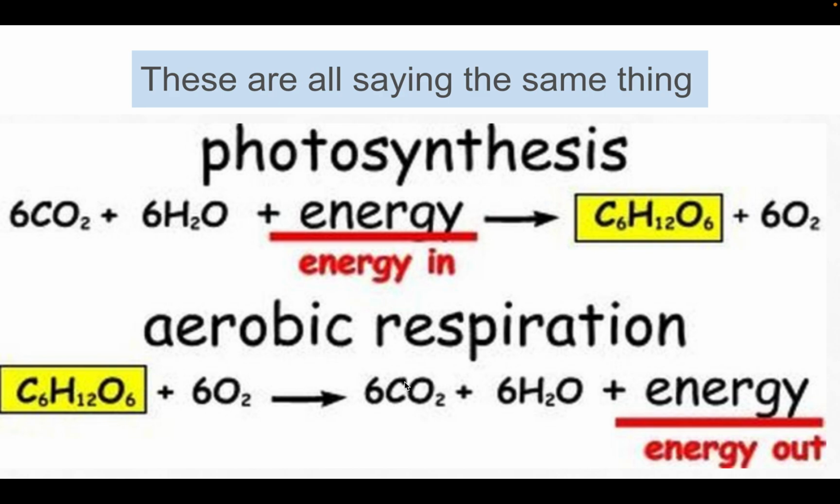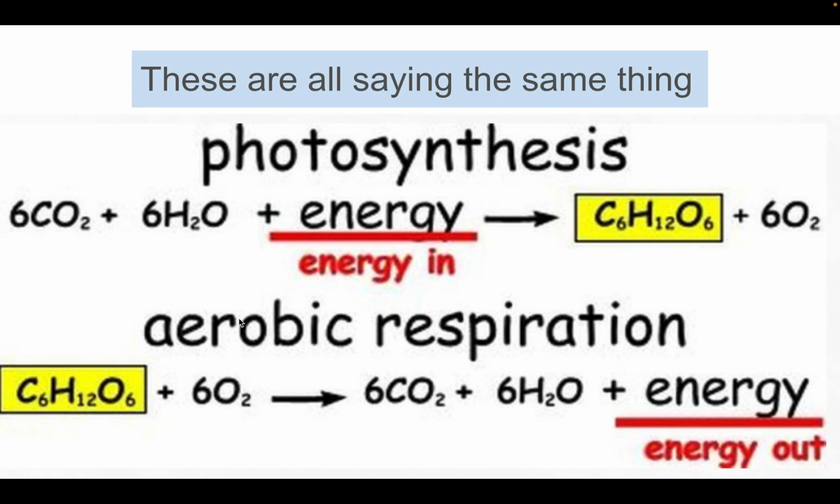And last but not least, this is another way you could see it written. With photosynthesis, you start with your carbon dioxide, your water, and you add energy. Remember, that's just light energy. And you get glucose and oxygen. And then I've been calling it cellular respiration. That's one name for it. Another name for it is aerobic respiration, because you need air, right?